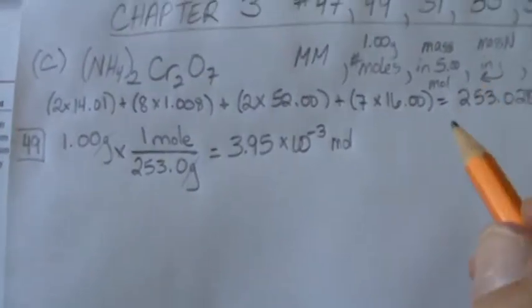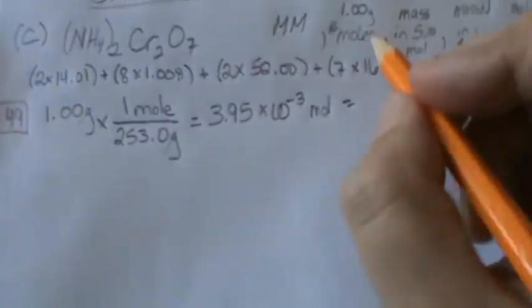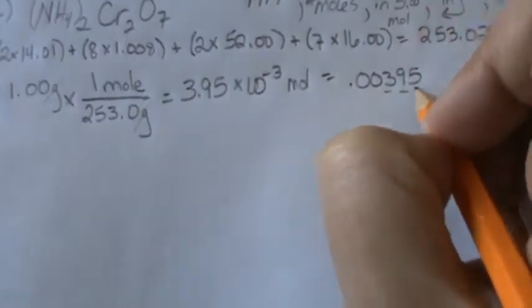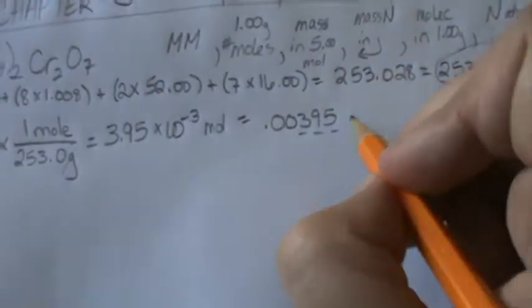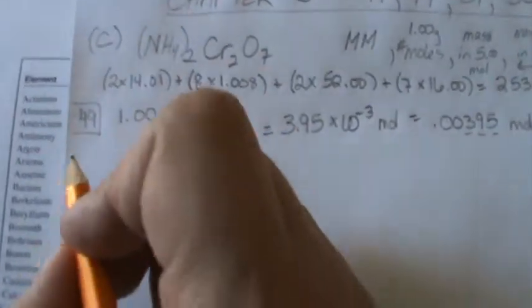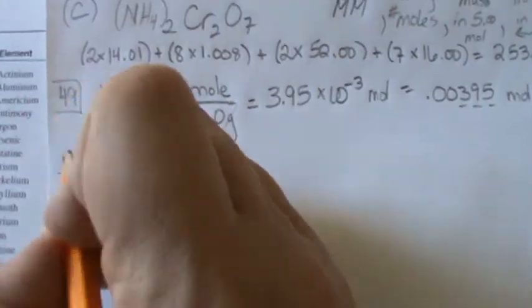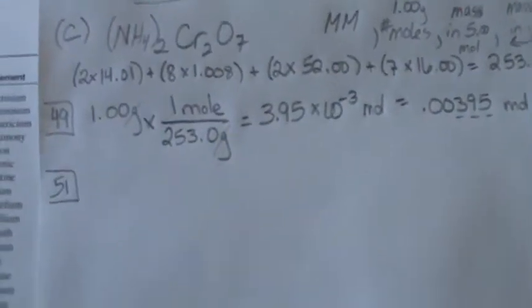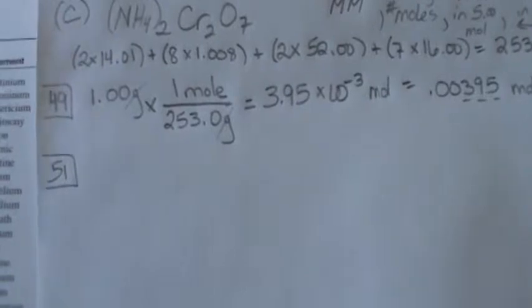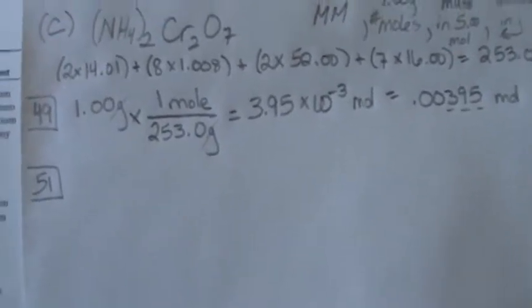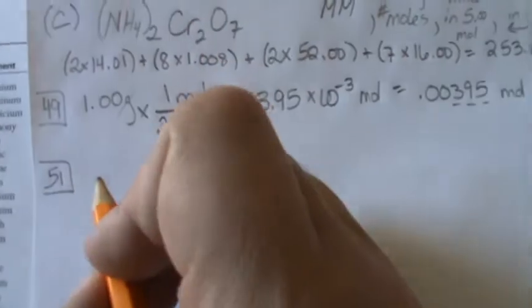If you don't want that in scientific notation, it could be 0.00395. That's still only 3 significant figures, and again, moles. All right, so let's move on to 51, which asks for the amount of mass we would have in 5 moles of that.